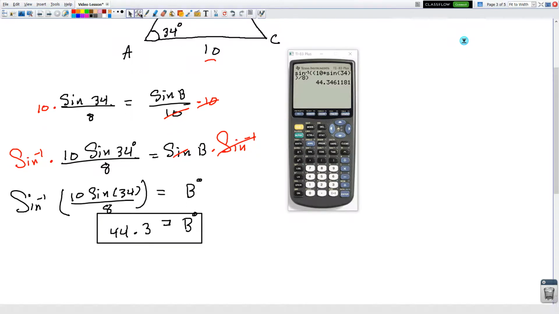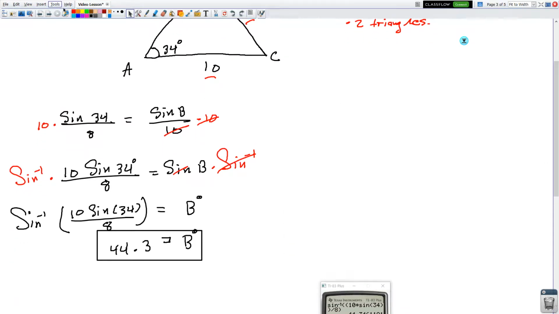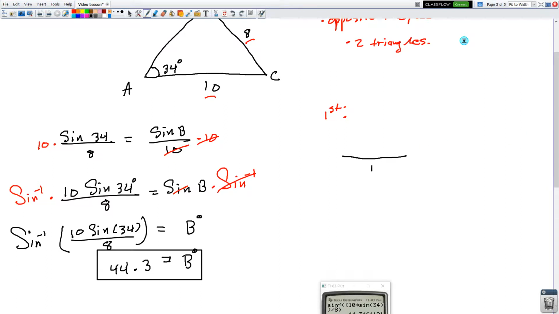But we also know that we need to have two triangles. So our first triangle, let's draw it here. We still know that this has to be 10. We still know that this has to be 34, but we know that angle B has to be 44 degrees.